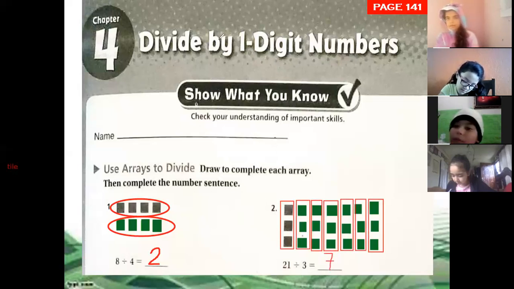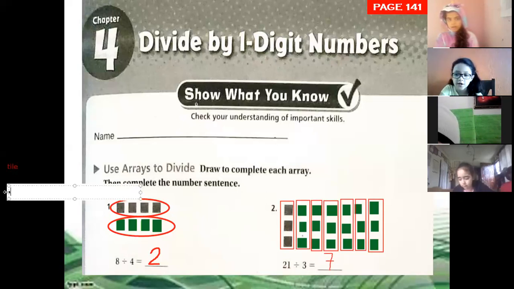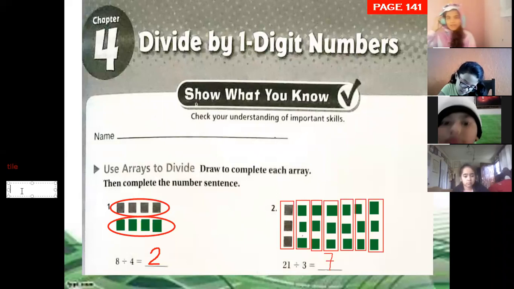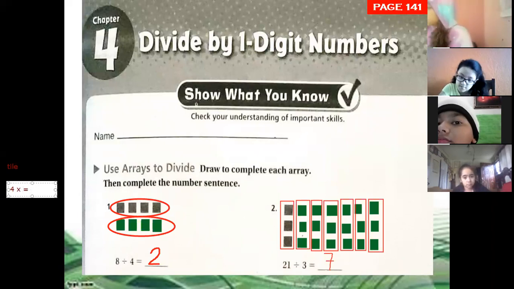Another way you can see the division is thinking about the multiplication. The first one says 8 divided by 4. Okay, so you say, tengo que buscar en la tabla del 4 un número para multiplicar que el producto sea 8. ¿Sí?